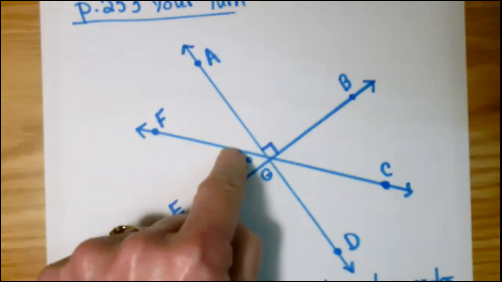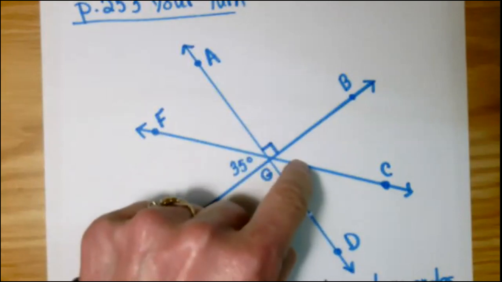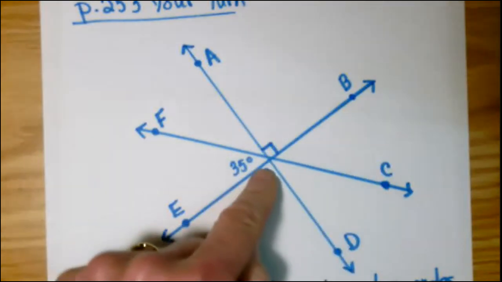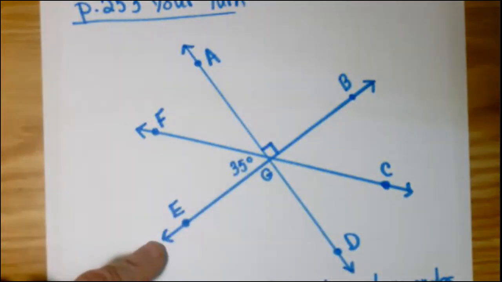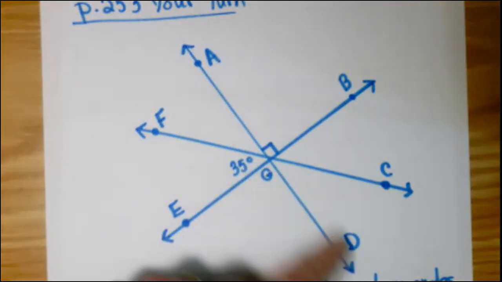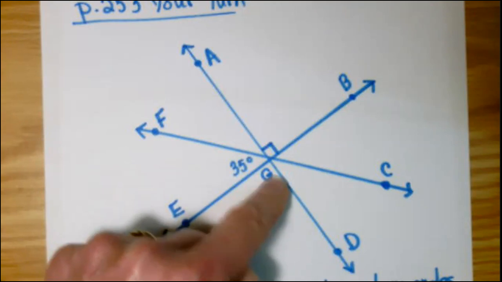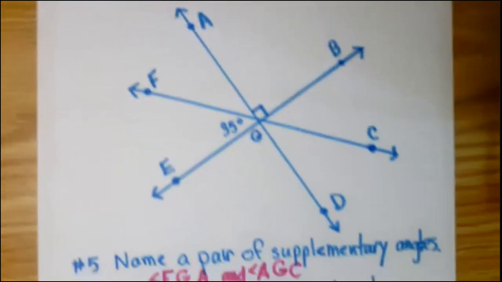This angle is adjacent to that angle, or this angle is adjacent to this whole angle here. Or we could say CGD, this angle is adjacent to DGE right here, or CGD, this one, is adjacent to this whole other angle right here, DGF. So we could pick any of those. There's more.